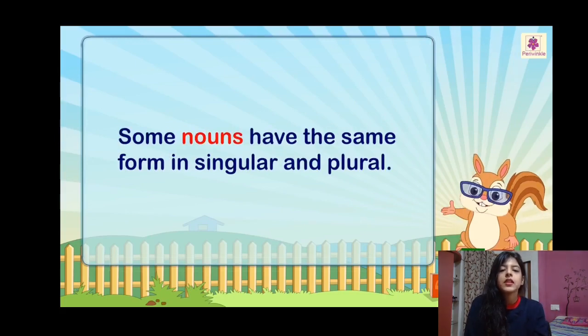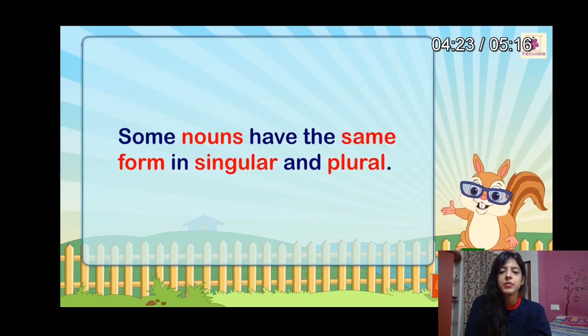Some nouns have the same form in singular and plural. So what does that mean? We do not add S or ES or anything. That means one noun is used for one name, place, animal or thing, and the same noun spelling is used for the plural of the noun.